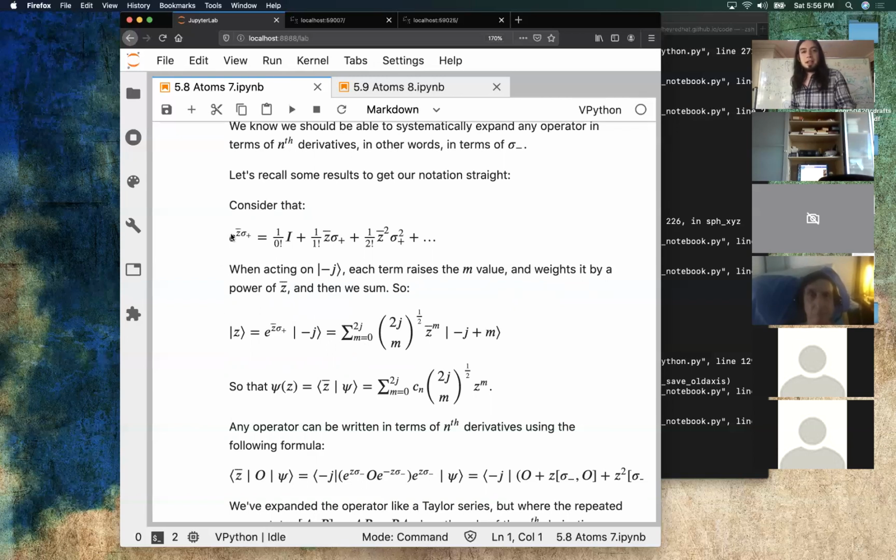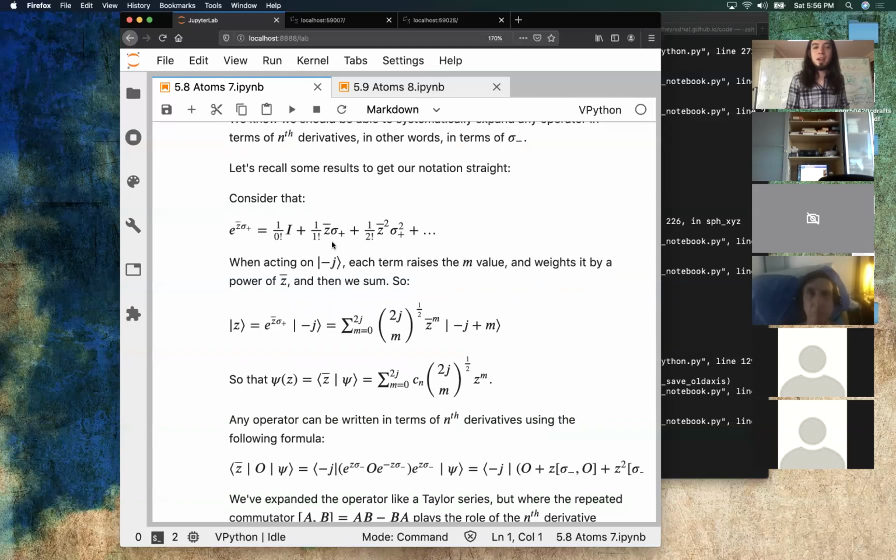So consider this: what if I took e to the conjugate of z times sigma plus? I could expand that as an infinite series in powers of z conjugate and powers of sigma plus, which just comes from the infinite series for the exponential function, but where we're plugging in matrices instead of just numbers.